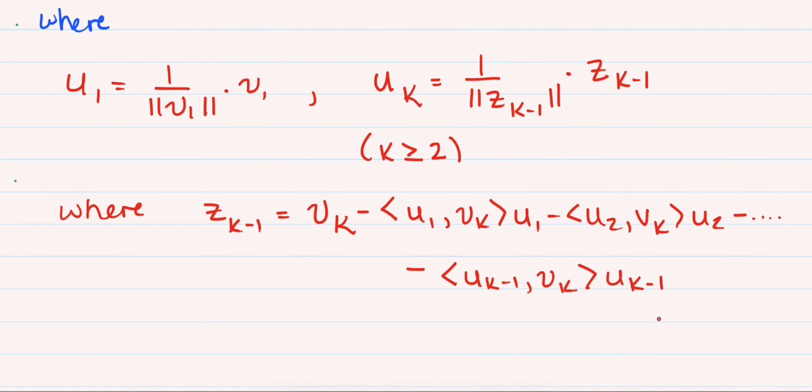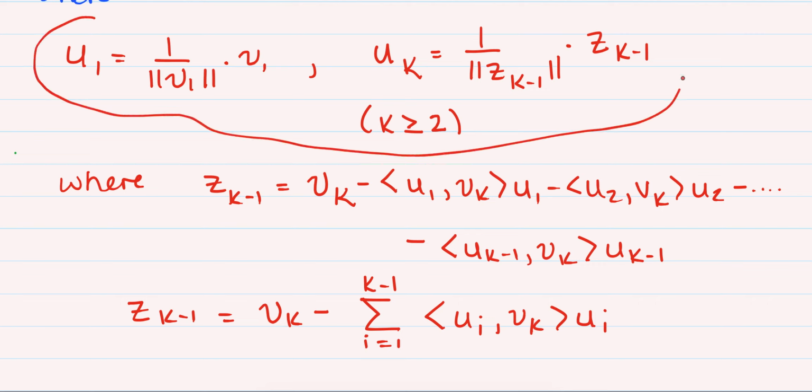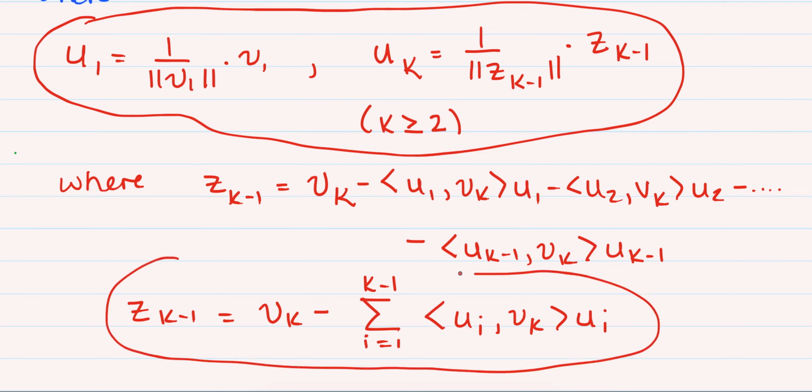You can write this in summation notation if you prefer: z_(k-1) is equal to vk, subtract the sum, i is 1 to k-1, of (ui, vk) ui. Yeah, so that's a lot of stuff. These two pieces and this piece will give you the orthonormal basis for your vector space V.